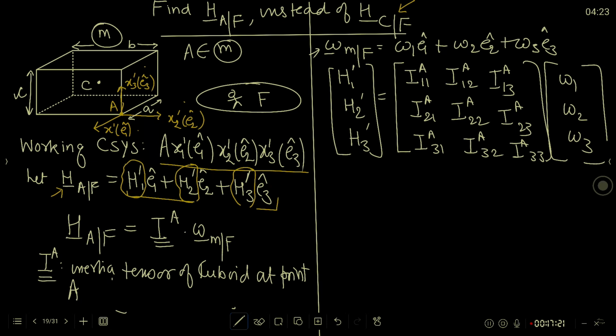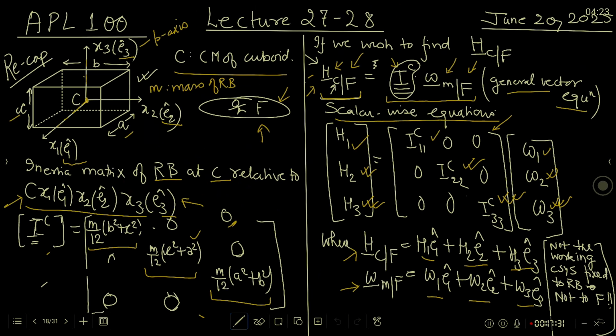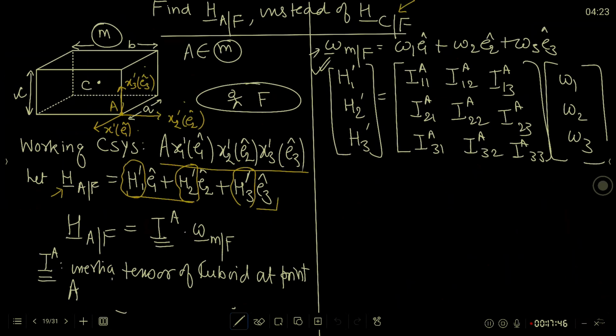Again, I want you to compare what I am showing here on the right hand side of this slide and what I had here. Here I had IC11, IC22, IC33. Here I have IA11, IA12, IA13 and so on.